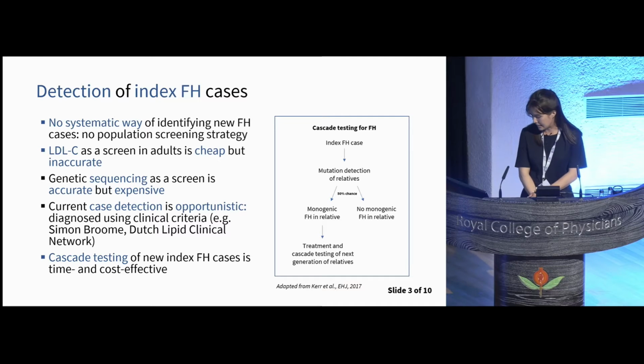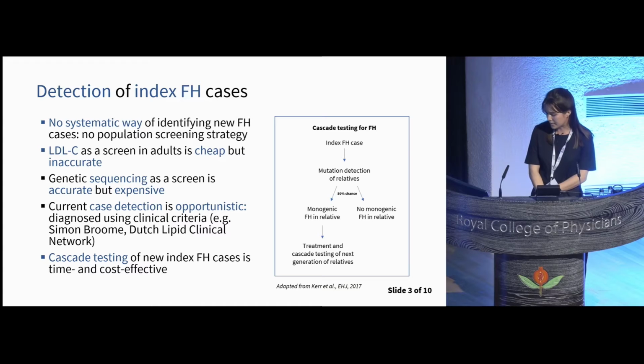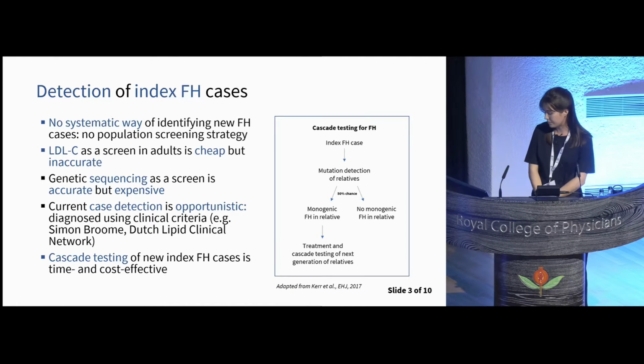Cascade testing involves mutation detection in close relatives of index FH cases. And once an FH variant is identified, treatment and cascade testing of the next generation of individuals is initiated, and so on. So the challenge here is to identify new index FH cases that would seed this cascade testing program that's already in place.